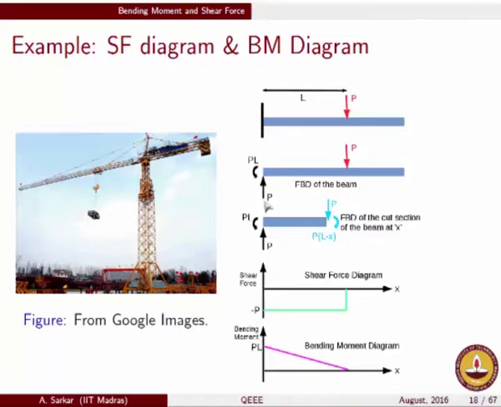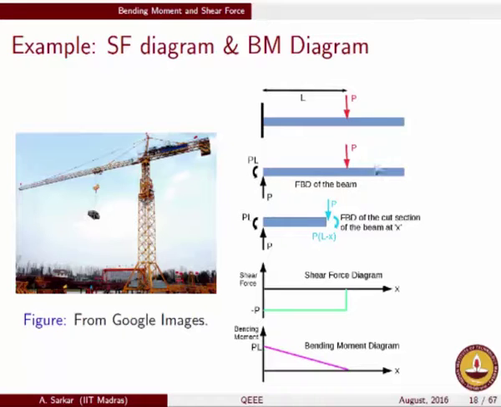But then if there is a reaction load P and an applied load P which are separated by a distance L, that means there is a clockwise couple which is induced due to the applied loading and the reaction load. So in order to keep this body in equilibrium, there has to be a reaction moment which will also need to get generated from the support.